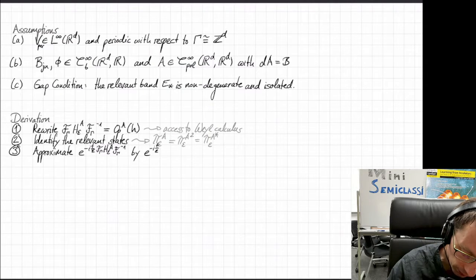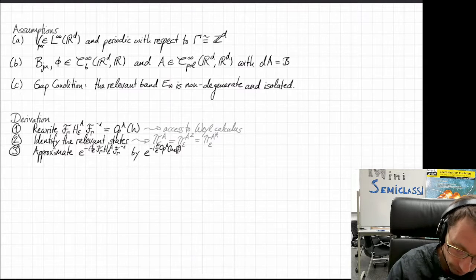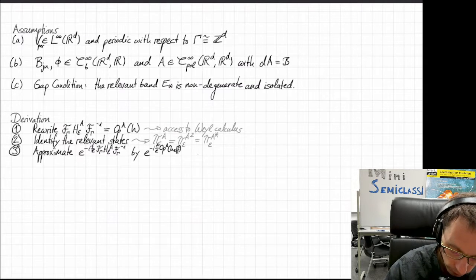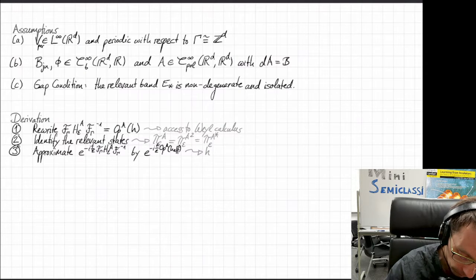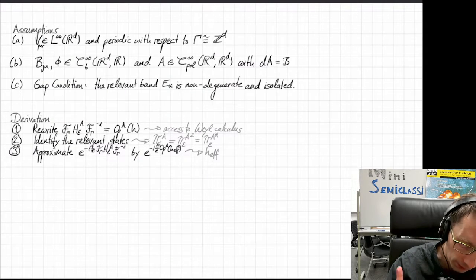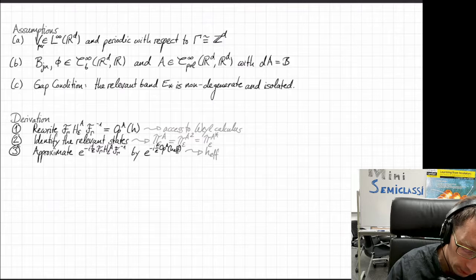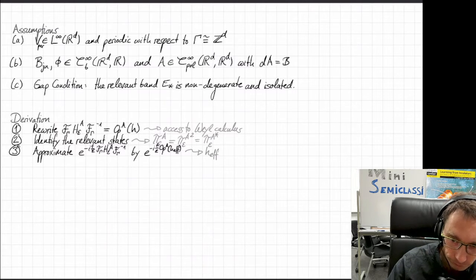And this is an important ingredient in the proof of the semi-classical limit. So this here gives us the symbol, so the function, the operator valued function on phase, well, in this case, scalar valued function on phase space, H effective.